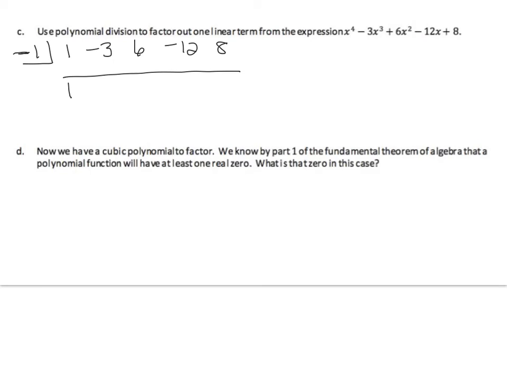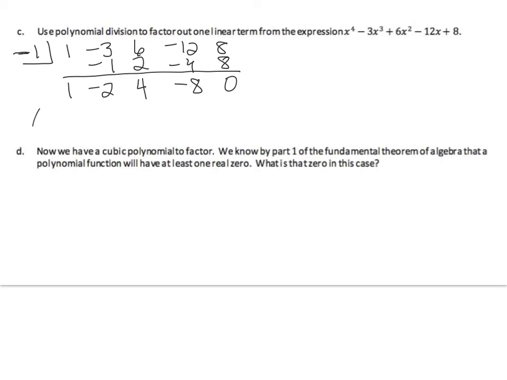Carry that first coefficient down, multiply, I get negative 1, and subtract. Negative 3 minus negative 1 is negative 2. Multiply and subtract, multiply and subtract, multiply and subtract. I should always get 0 there.